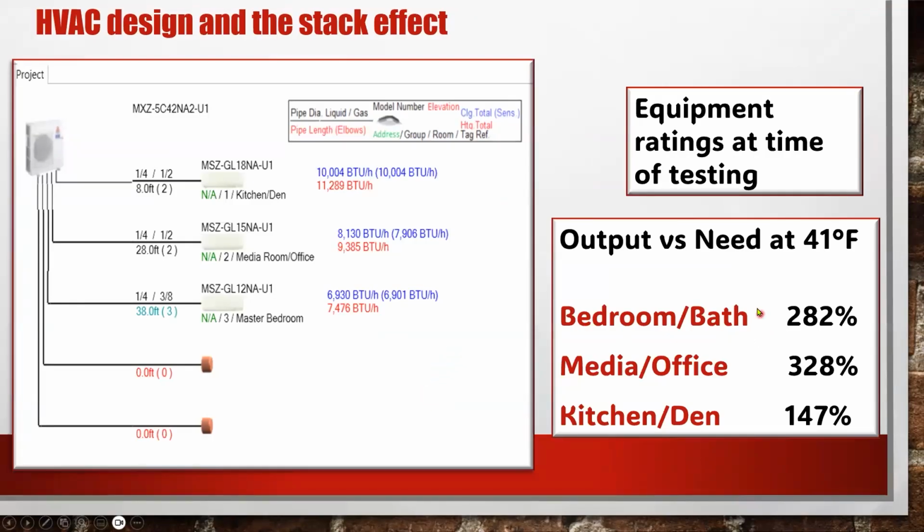You can see how drastically oversized we are here: 282% for the bedroom, 328% for the media room, and less than 150% for the kitchen den at the time of testing.